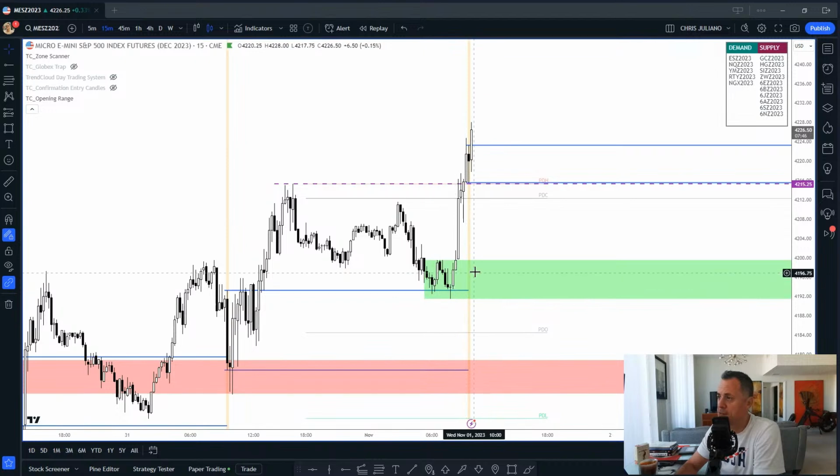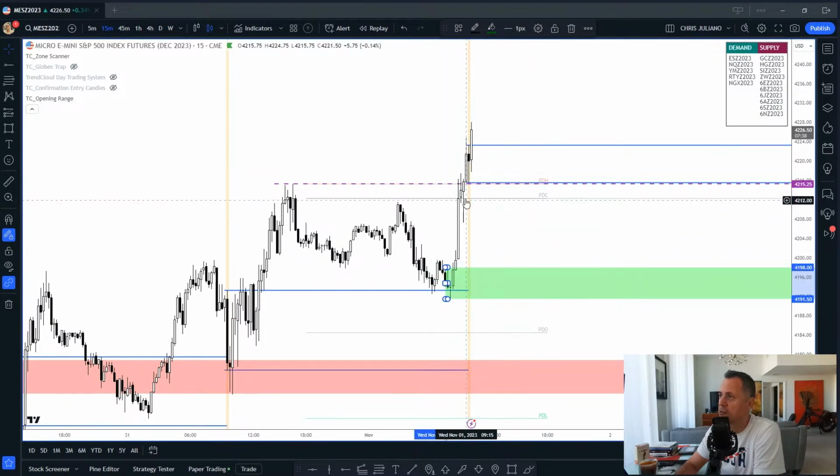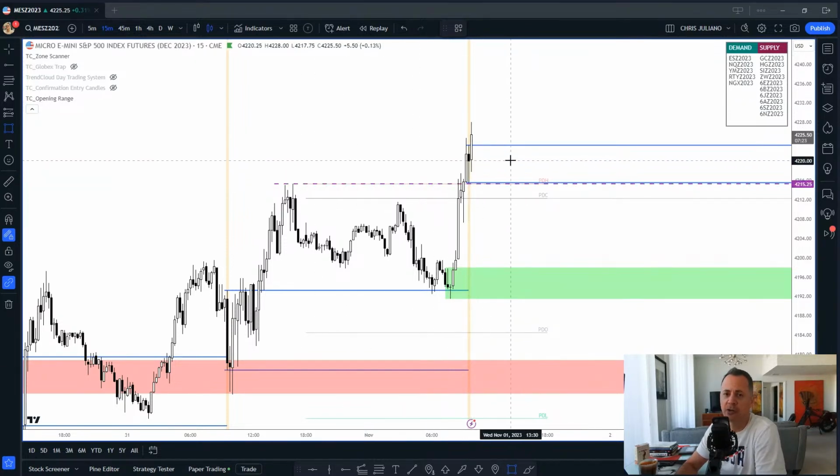It's also this, you picked up on that, good eye. But it's also this here. And this zone is closer to that opening range breakout. This rally base rally is above the break of structure.